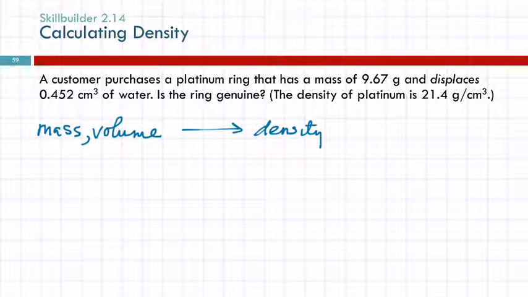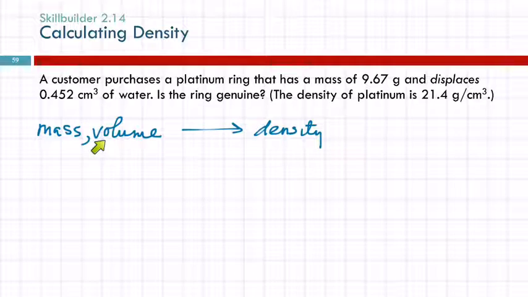Displacement of water is an easy way to measure the volume of something that's difficult to measure and calculate. So a ring, it would be hard to use a ruler and calculate its volume. But you can put it in a measuring container with some water and see how much the volume rises. And the amount that the volume changes will be equal to the volume of the ring.